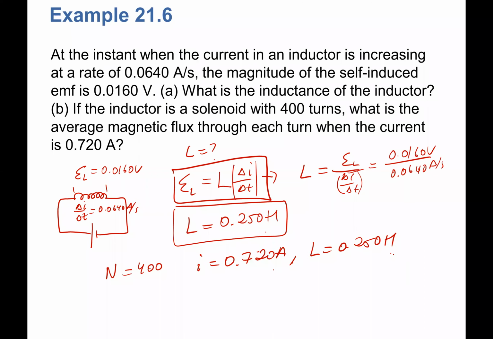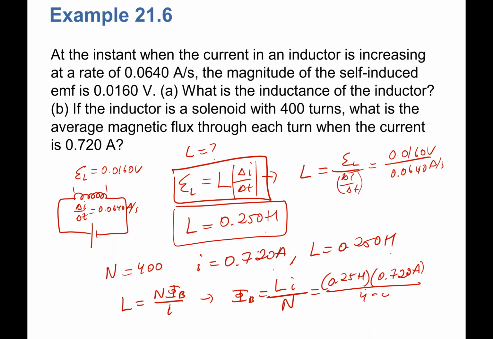What is then the magnetic flux? Well, I have another equation that relates all of those quantities: N times flux divided by the current. So I just rearrange this and I can calculate the flux, which will be L times I, divided by the number of turns. So 0.25 Henry times the current of 0.720 amps divided by the number of turns, which is 400.